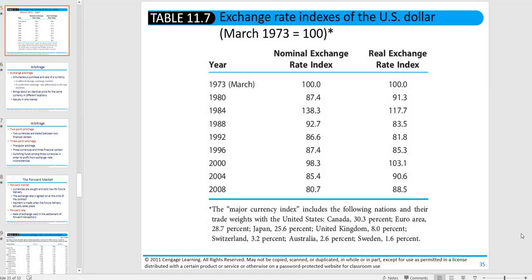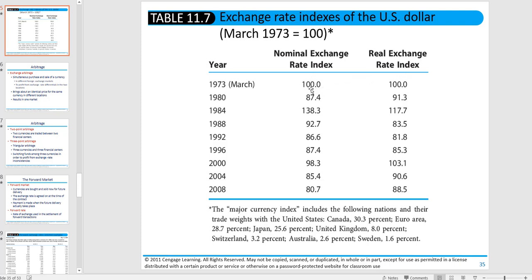Then the textbook shows you an example of the US dollar index against the major currencies that the US trades with. And you can see here the nominal exchange rate index is different from the real exchange index. Let's look at the nominal.